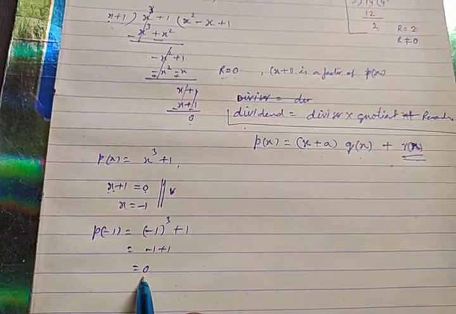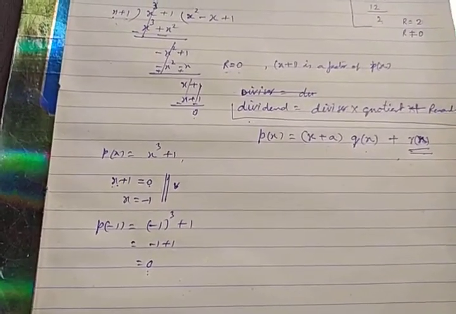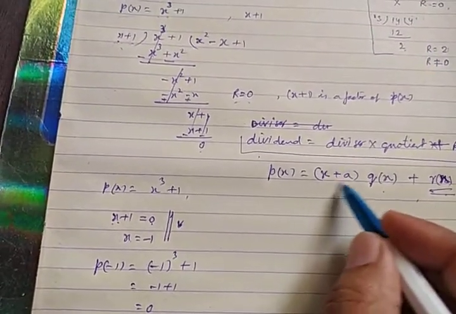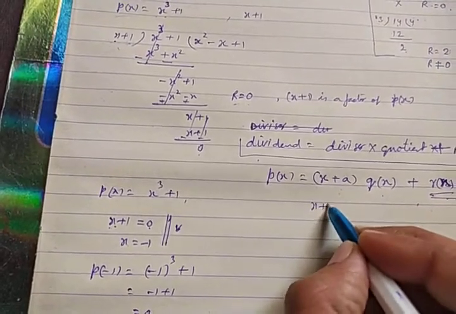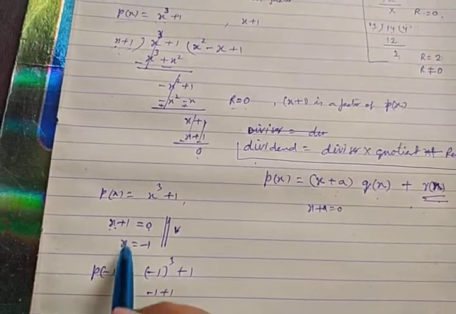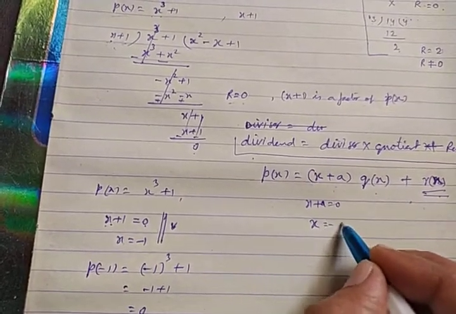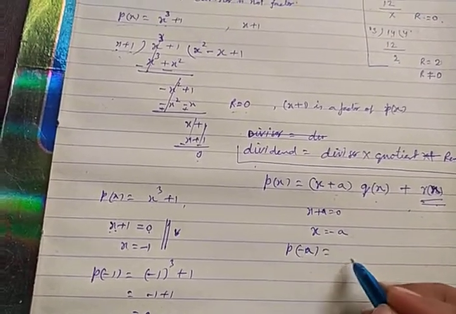Whatever value is coming, it is the remainder. If you are calculating p(a), for the sake of simplicity, if you are dividing by x plus a, then x plus a is equal to 0, similarly you will make it, and x is equal to minus a. So when you calculate p(minus a), this will give you the remainder.